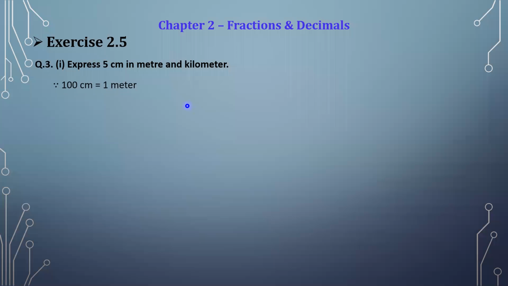First, we consider the relation between centimeter and meter. We know that 100 centimeter is 1 meter. So if we compare centimeter and meter, 100 centimeter is going to be 1 meter.